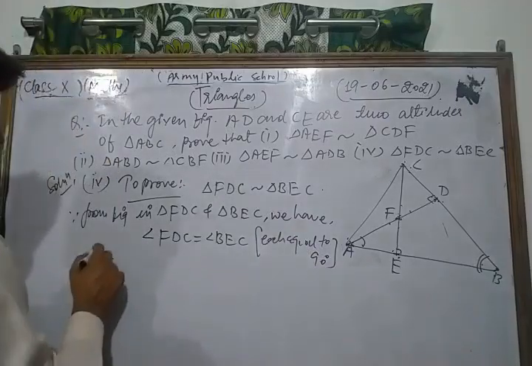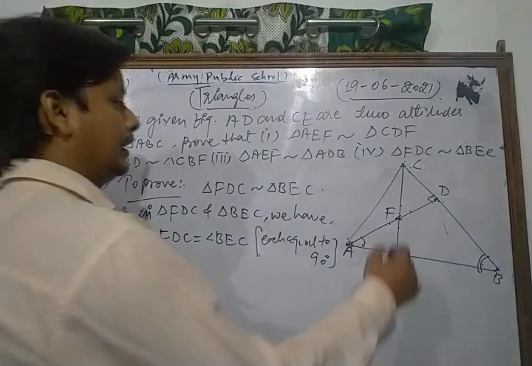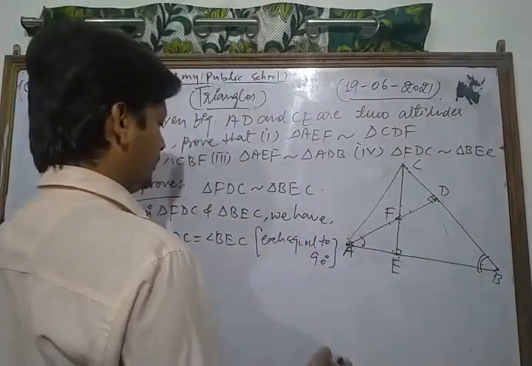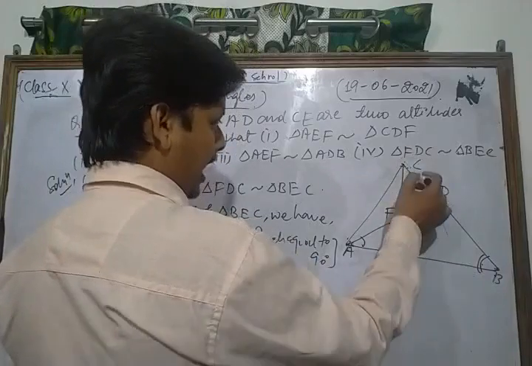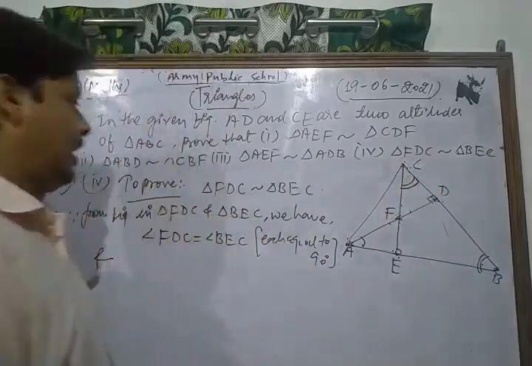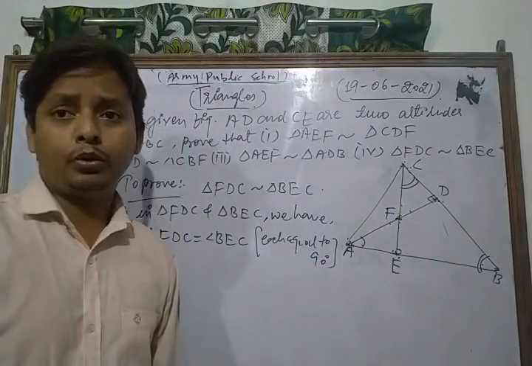And look, in triangle FDC and BEC, angle C is common. Angle C is common in both the triangles.